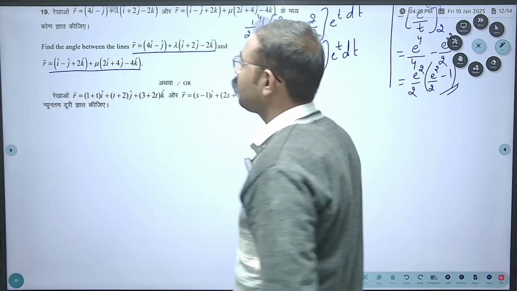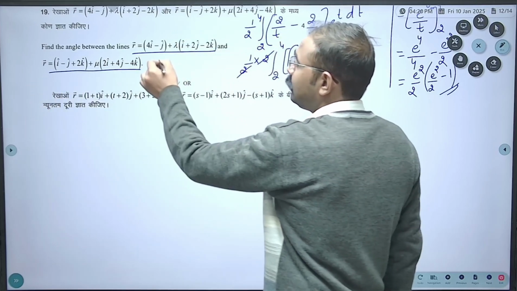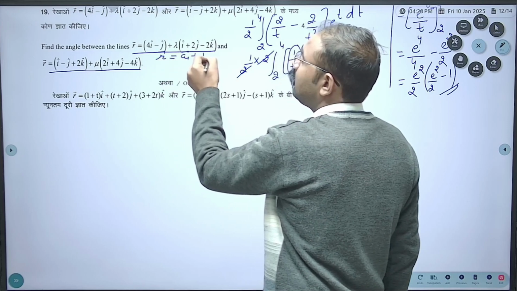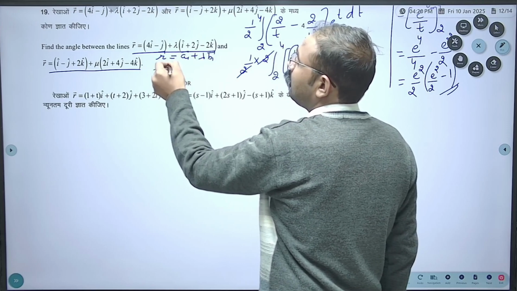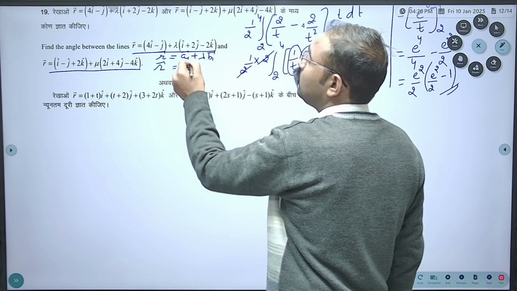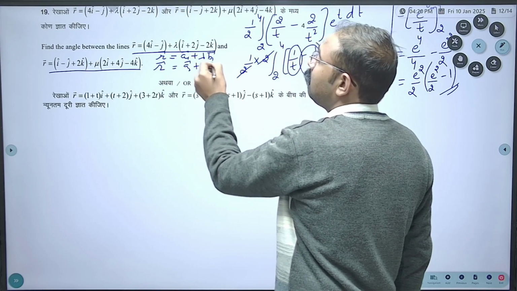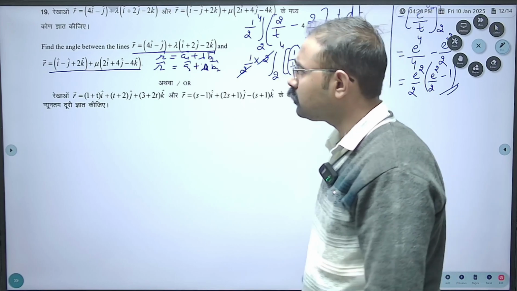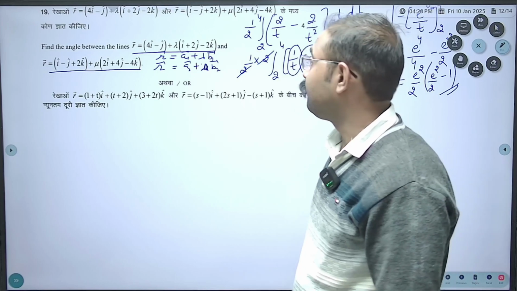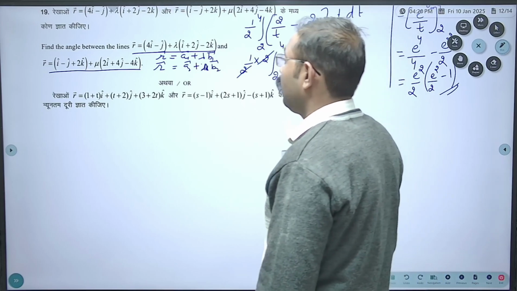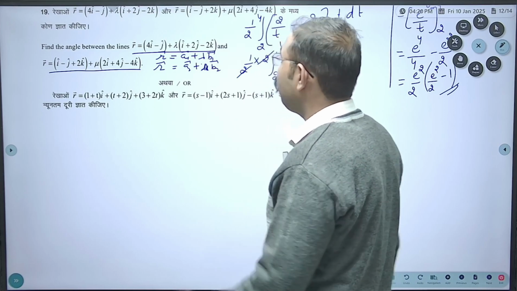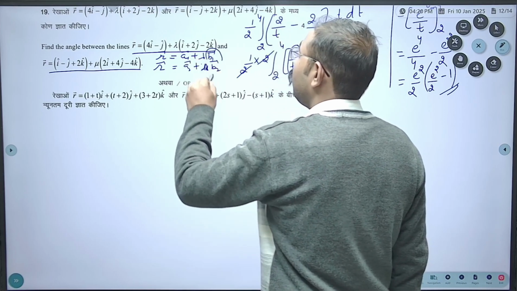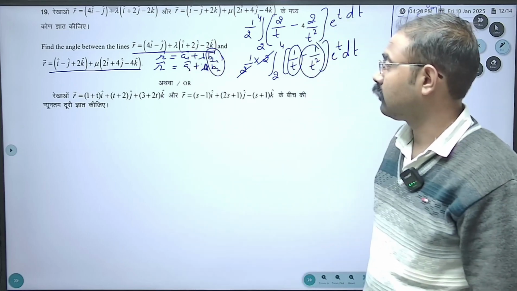Now, these lines are in the form of r vector is equal to a1 vector plus lambda b1 vector, and r vector is equal to a2 vector plus mu b2 vector. So the angle between two lines will be the same as the angle between their parallel vectors.